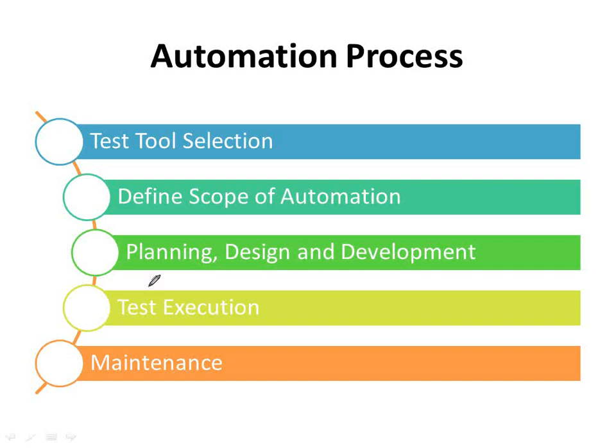Once things are stable and up and running, you see what the available scope of automation is. Always remember, this is the most important thing: unless you define a scope, you cannot do anything, whether it's manual or automation.